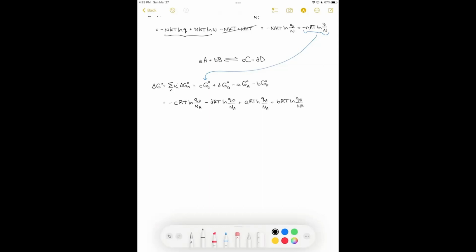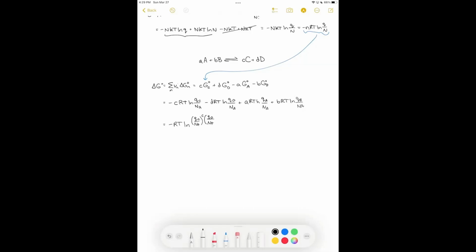Here I can group all of these together into the following expression. I can say this is equal to negative RT times the natural log of Qc over Avogadro's number raised to the c, times Qd over Avogadro's number raised to the d, over Qa over Avogadro's number raised to the a, times Qb over Avogadro's number raised to the b.